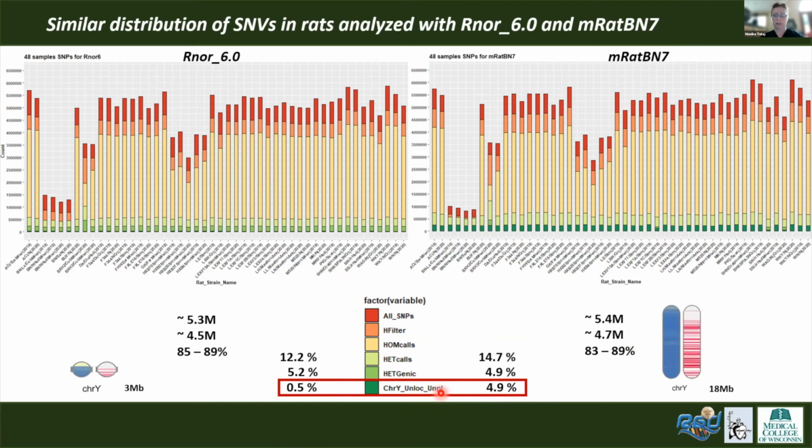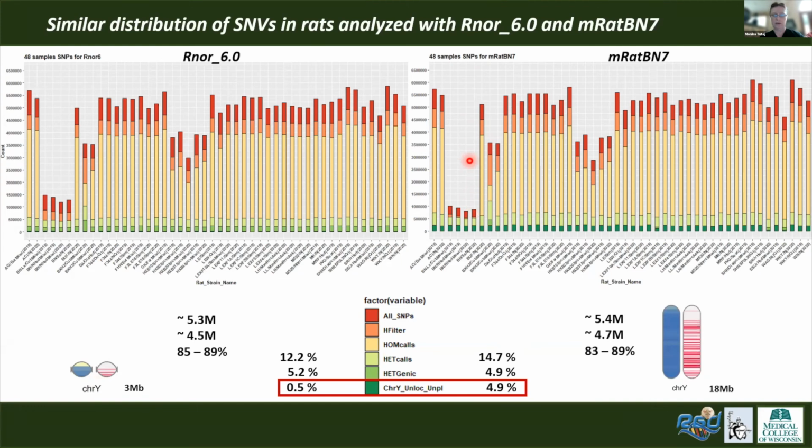And that's also the reason that we've got an 18 megabase chromosome Y in the new reference compared with the previously assembled 3 megabase chromosome Y. But you can see here, next to the chromosome, I put the distribution of those heterozygous variants, where they are located.